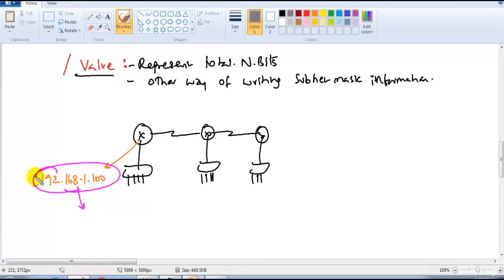Normally we just assume that it's a C class network, so I'm going to assume the default subnet mask of 255.255.255.0. Which means I'll understand that all the users in the LAN are using the address range of 0 to 255.